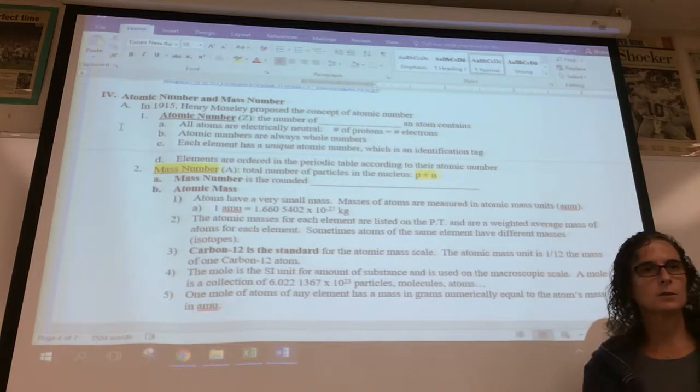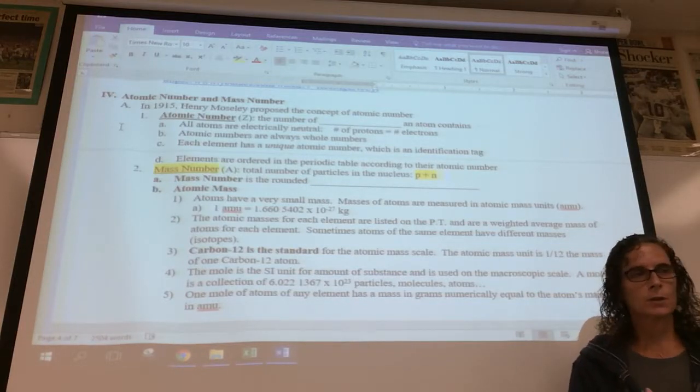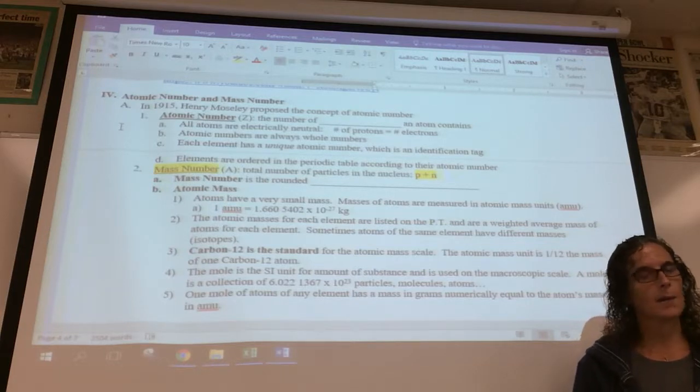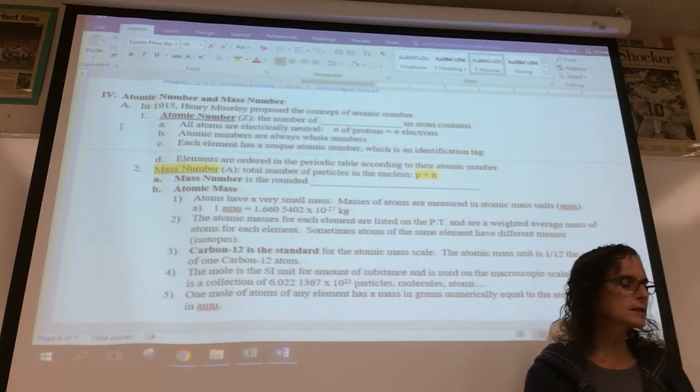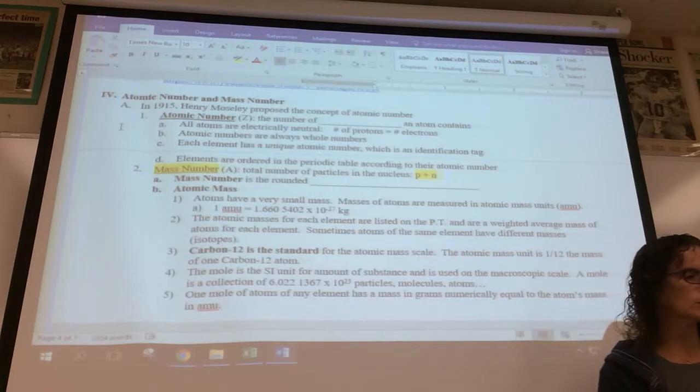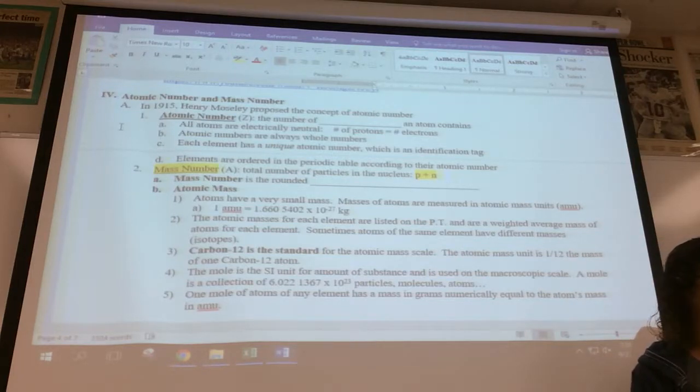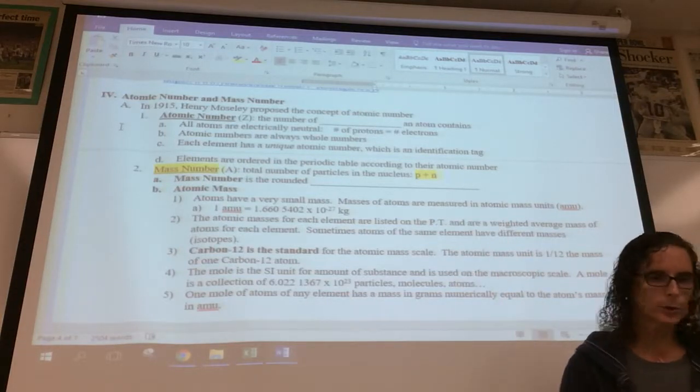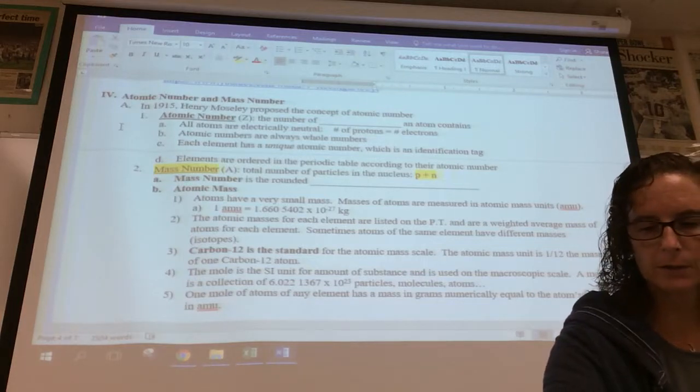Now, when elements were first discovered, they really weren't talking much about atomic number. They were talking more about atomic mass. And you'll see the way the periodic table was originally constructed back in the 1860s in a subsequent chapter. Atomic number is abbreviated with a capital Z.